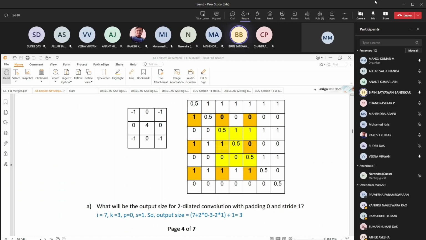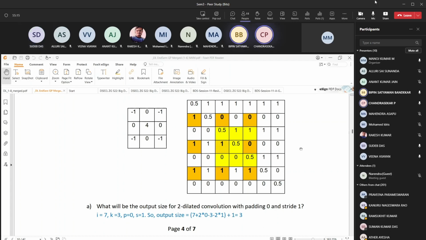You can visualize it this way: in stride, the output is produced every second pixel of input if the stride is 2. For dilation, the filter is applied on every alternate pixel of the input. Let me put it in a simpler way.